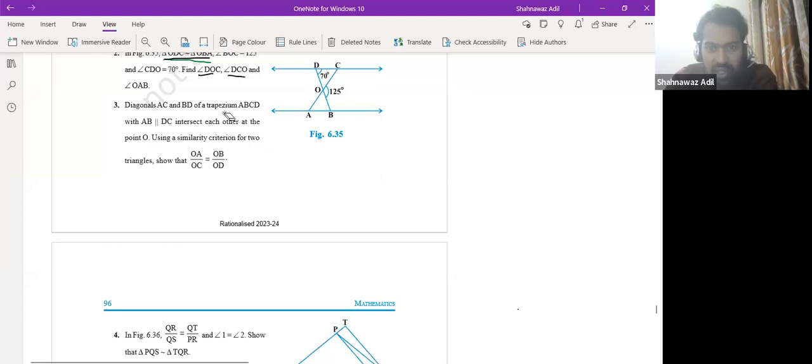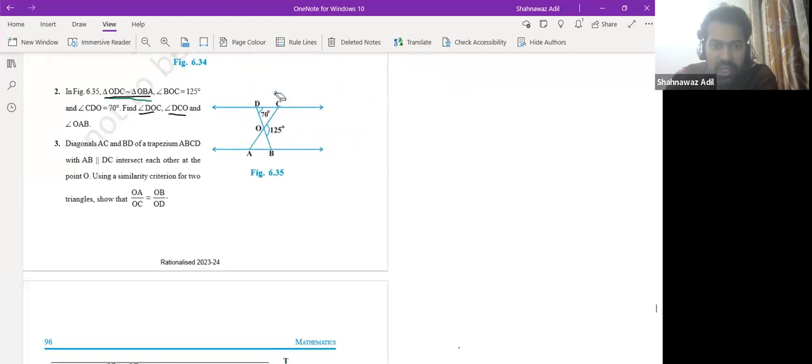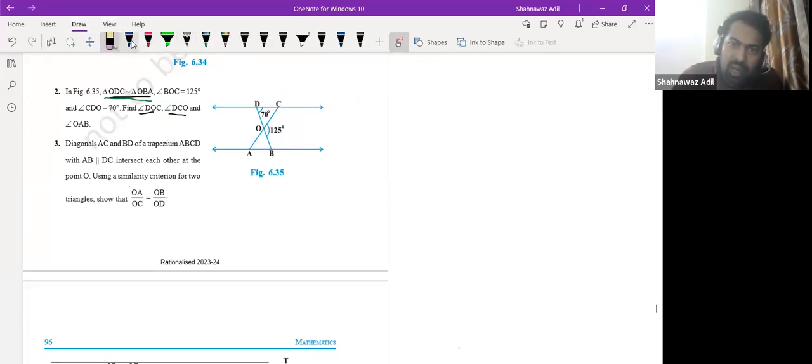This thing we proved in the previous exercise using the basic proportionality theorem. Now we will prove it using the similarity of triangles.